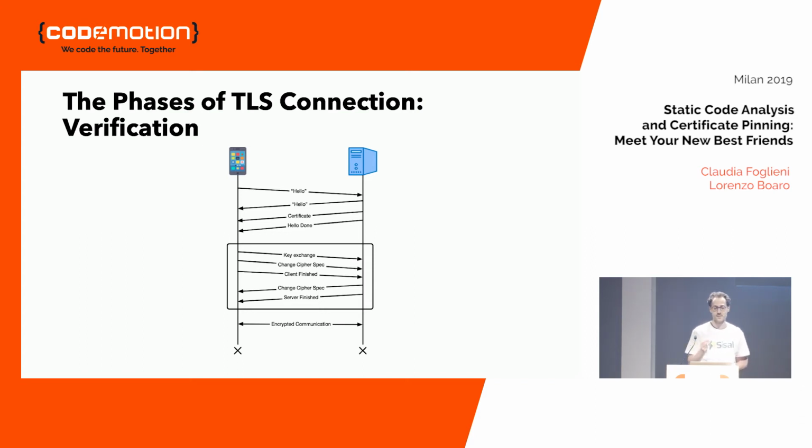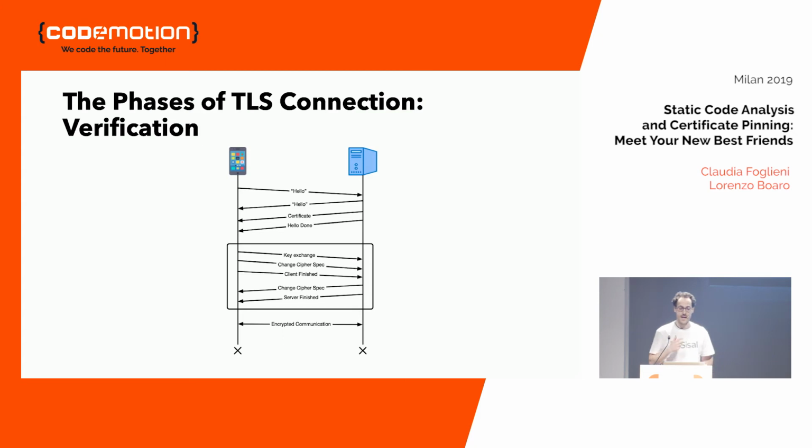If the validation succeeds, the verification phase begins. This is the phase where public key cryptography is involved. The client generates a pre-master secret key, and this pre-master secret key is encrypted with the public key of the server. The server receives this pre-master secret key and decrypts it with its private key.